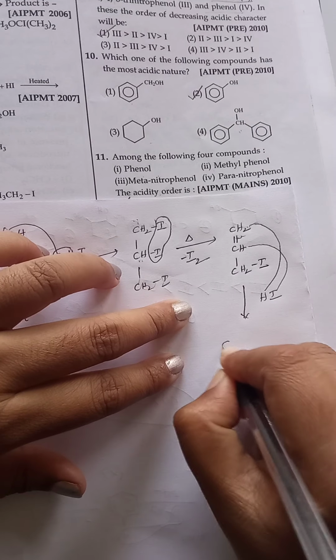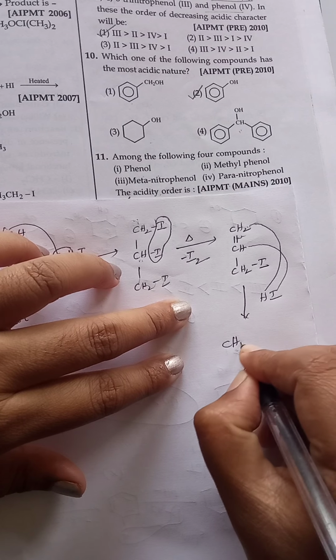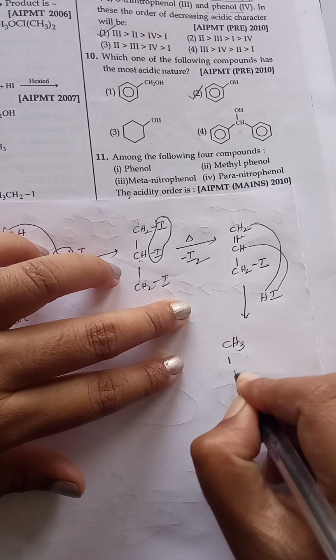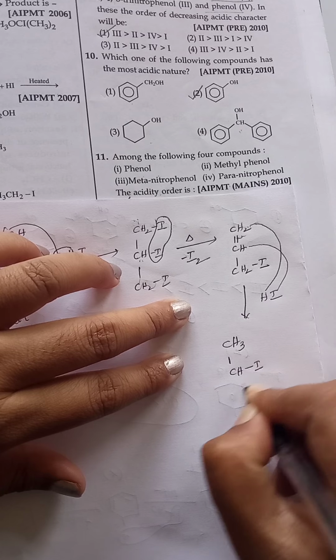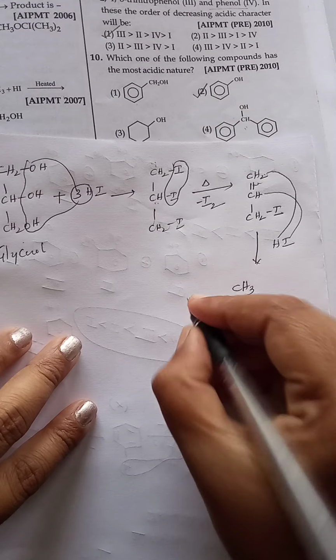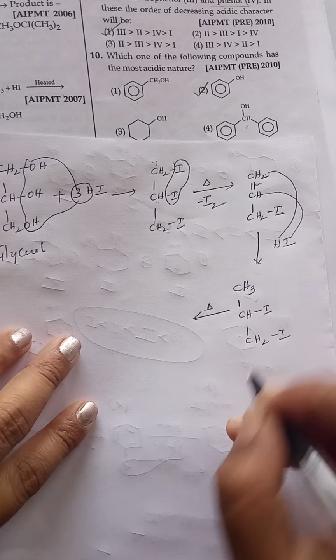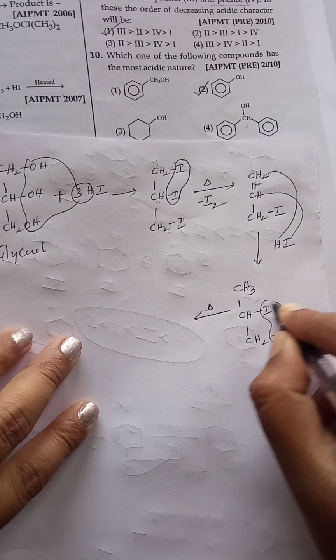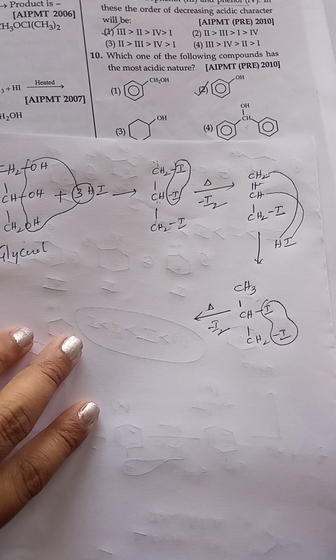You just write the product. CH2 to that hydrogen is added, it becomes CH3. Bond CHI, bond CH2I. We got this diiodo product. Which again on heating, it loses these two iodides as I2.